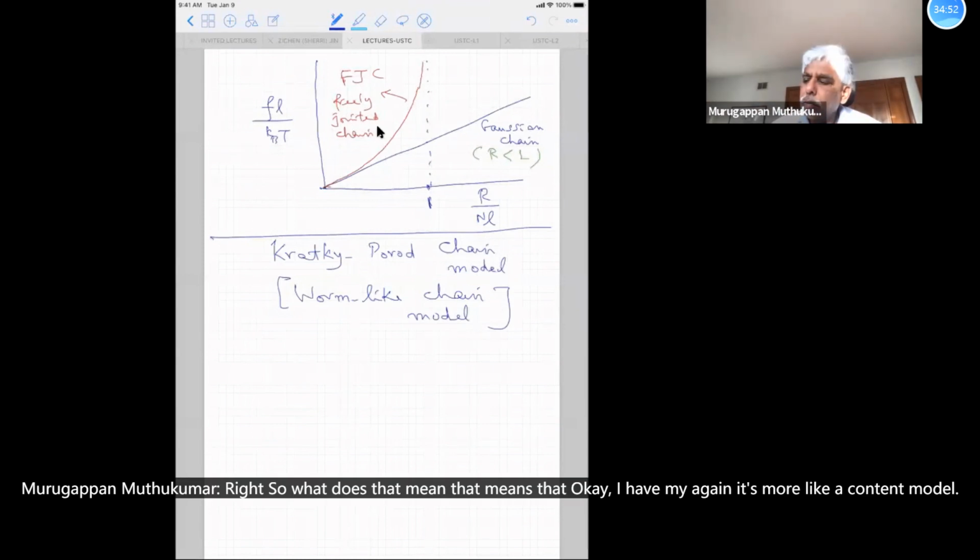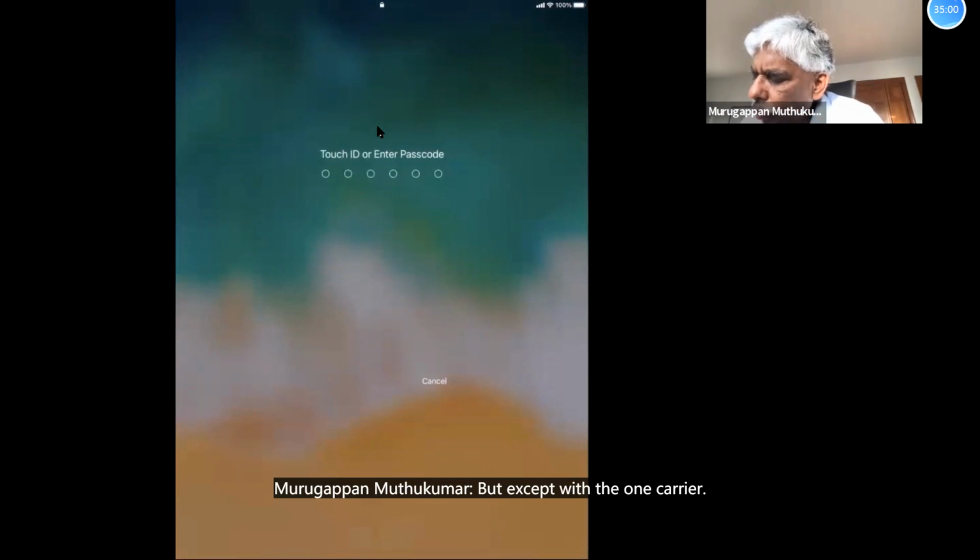So what does that mean? It's more like a Kuhn chain model, but with one caveat.